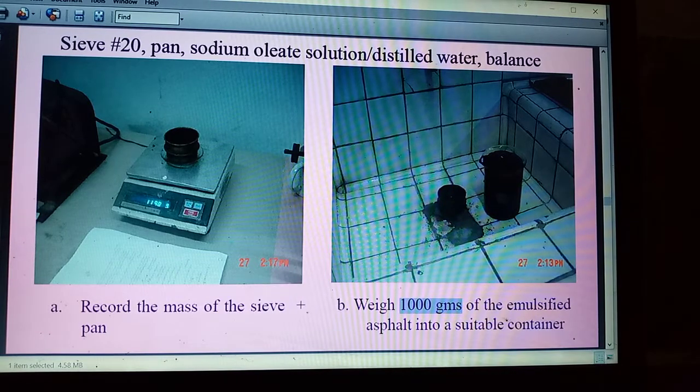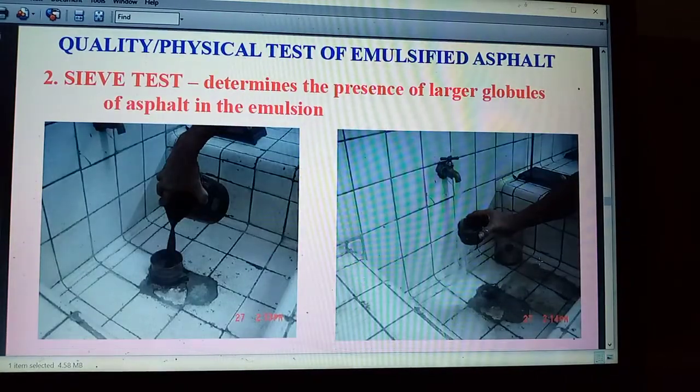Mas heavy itong asphalt compared sa water. Yung 100 grams na tubig ay equivalent to 1 liter of water, pero itong asphalt, mabigat yan, mga 2 or 3 times yata na mas heavy compared sa tubig. Kaya pwede lang itong ganitong flask na malaki. Dapat may graduation siya para makita mo yung measurement.